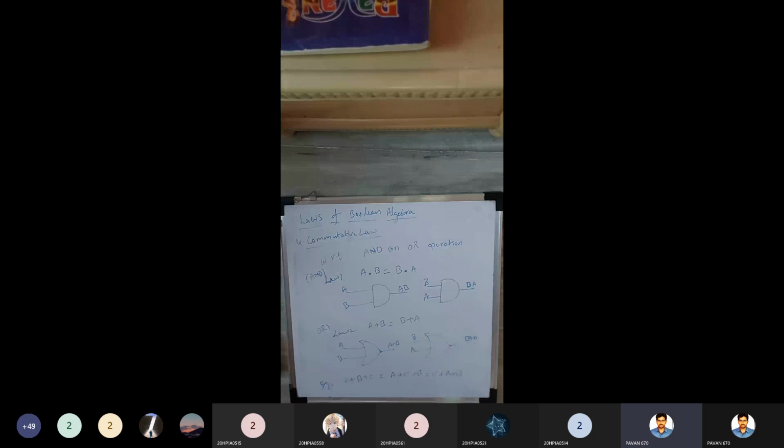The positions can be changed, and whatever order we write, the value is the same. That is the commutative law. And you can write further combinations also here.